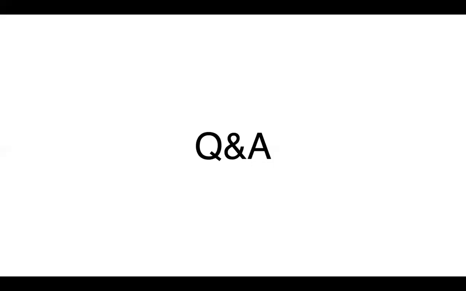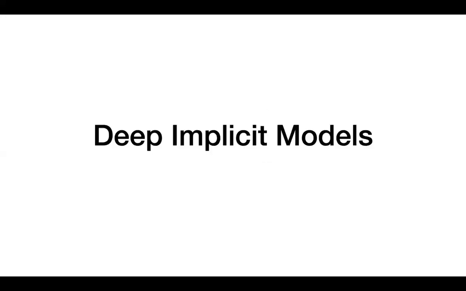Okay, so continuing, we are going to discuss now in the second part of the lecture deep implicit models. And as I mentioned, in this lecture, we are discussing extrinsic 3D representations.